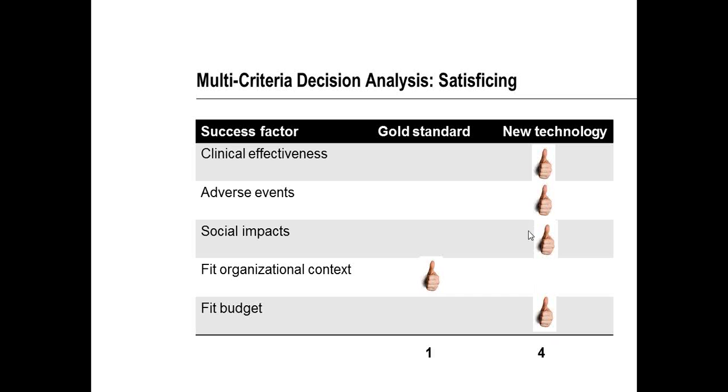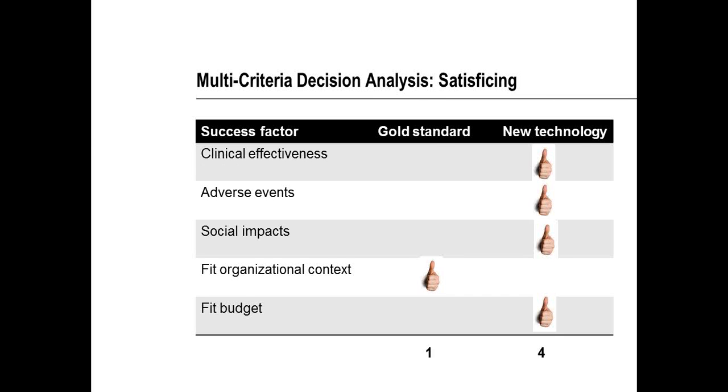Only there is one sole issue to consider: the new technology doesn't fit as well as the golden standard into the current organizational context. For instance, work processes need to be adapted. And if you say it's still worthwhile to adapt the organizational context, then this is a satisficing decision if you just choose the new technology. So then a satisficing methodology is appropriate.